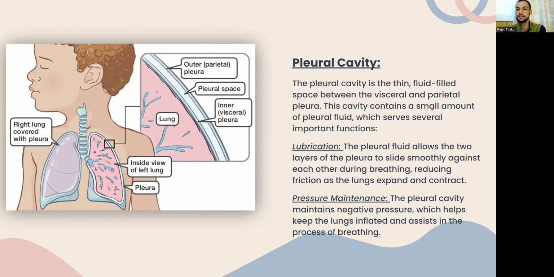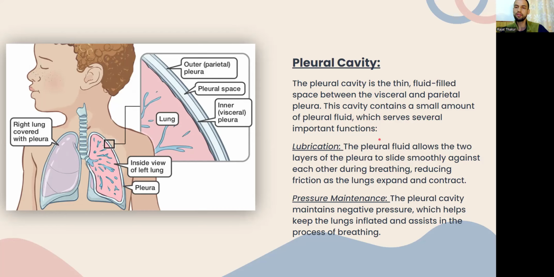This cavity contains a small amount of pleural fluid. So there is a fluid in between these layers, which serves several important functions.